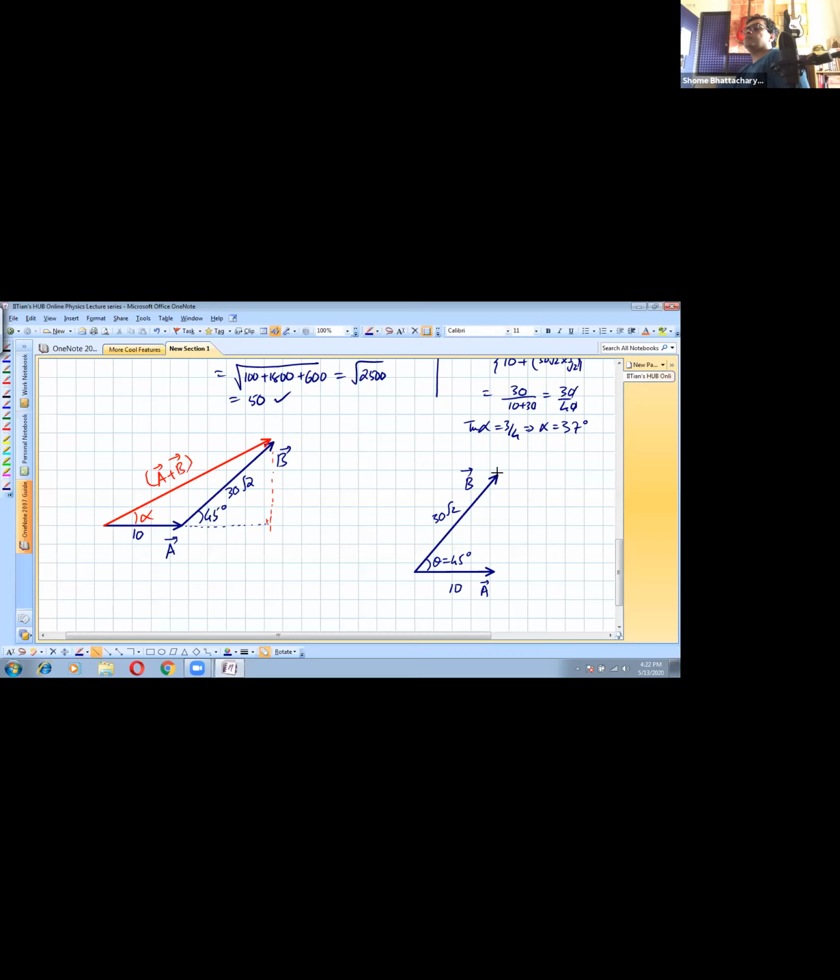Then you draw two lines which are parallel to these two. Here. Let's say, okay. And you see the primary diagonal would become your vector sum.